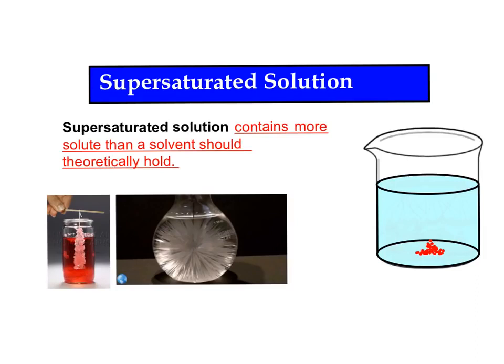So if saturated is maximum and unsaturated is anything less than maximum, there's also this third state called supersaturated. Supersaturated means above maximum. Somehow you have dissolved more solute than you possibly should have been able to dissolve at a particular temperature. You have to be very, very careful when you make a supersaturated solution.